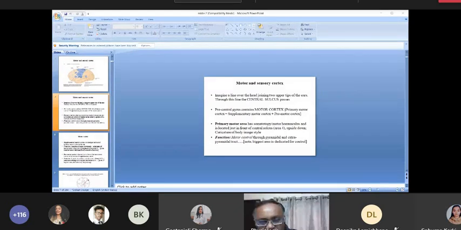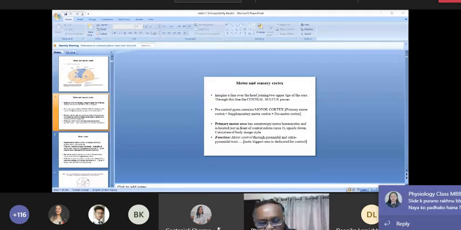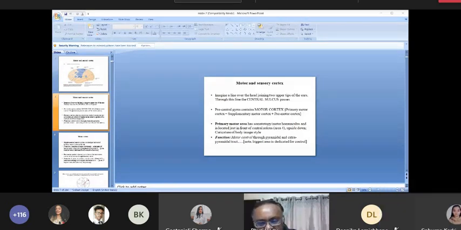So if there is a cerebral stroke, you know that the muscle becomes flaccid. For some time after that, there will be some problem. So if there is a lesion in the pyramidal tract, there will be some problem in fine movement.